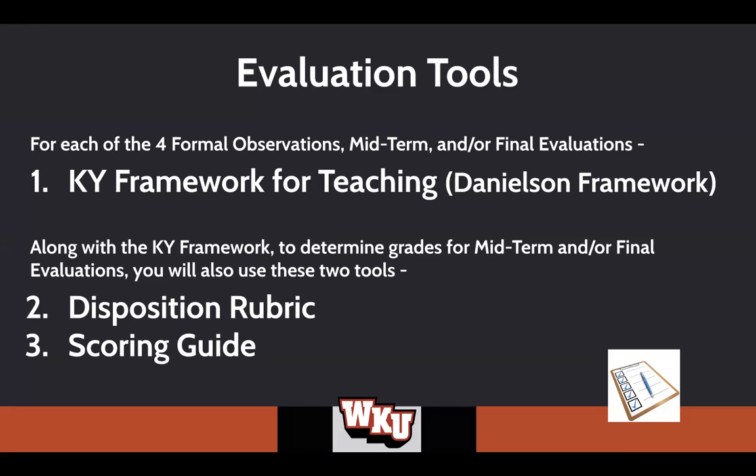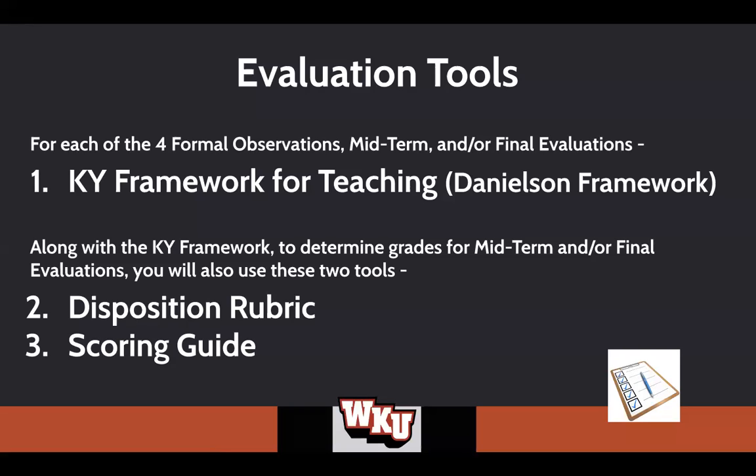That rubric is really important because it is focused on the 10 dispositional areas that are definitely tied to the framework, but it is a separate document that we use at the time of the midterm and the final. And then there is a scoring guide that you'll look at when you assign a grade along with the mentor teacher.